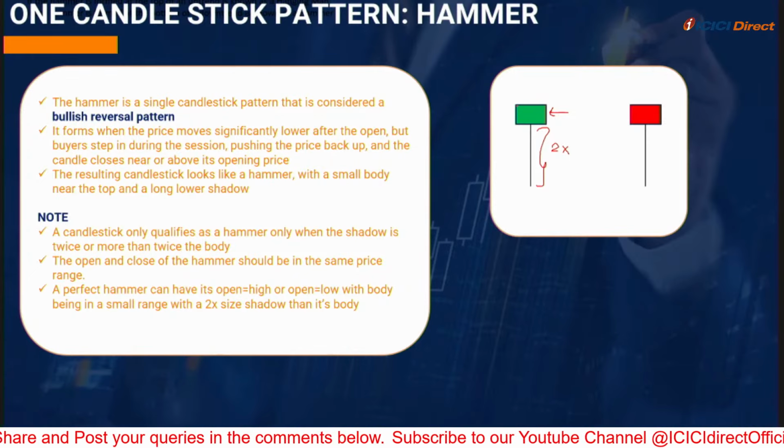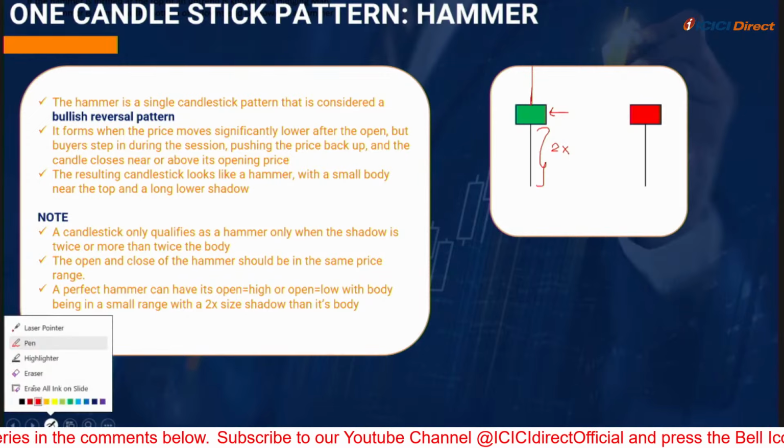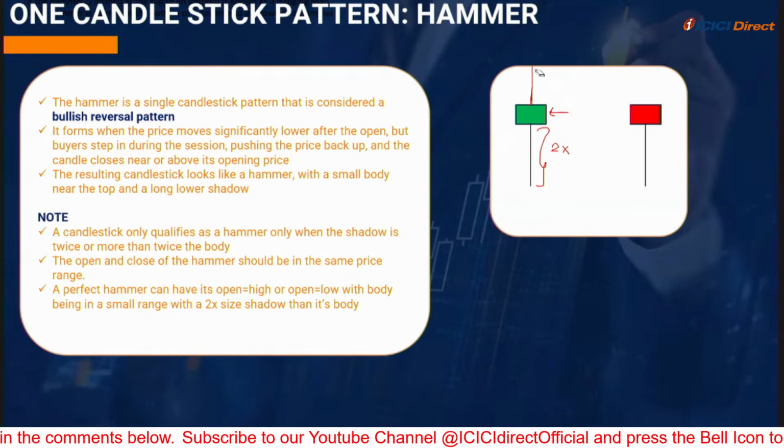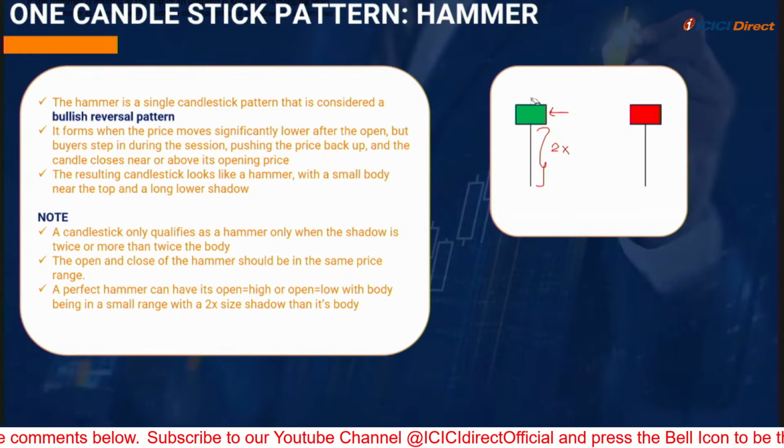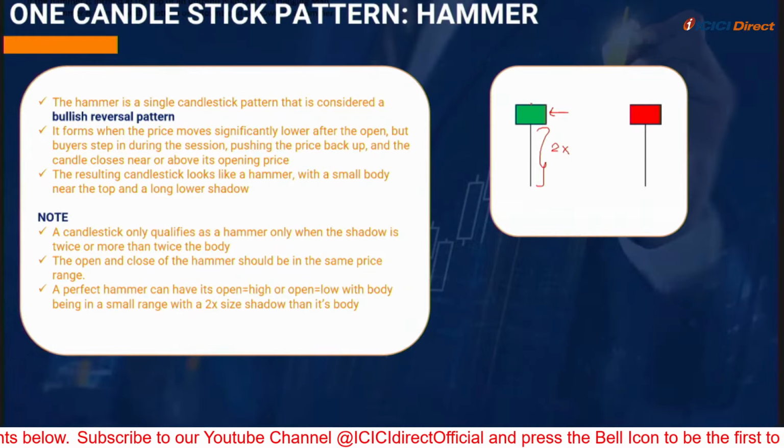Is this clear, guys? A hammer can have an upper wick as well, but it should not have a long upper wick, something like this. It should only have a small, very minimum shadow, something like this would do, but not more than this.